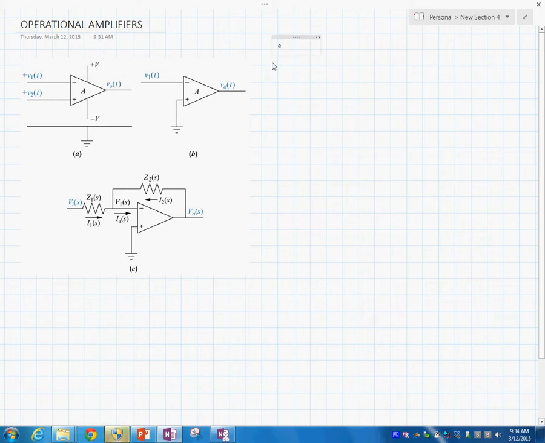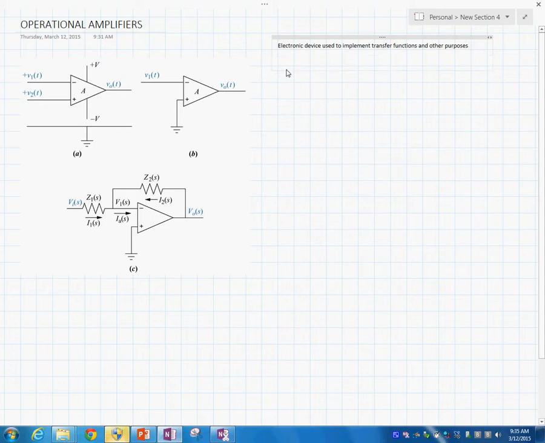We're going to call it an electronic device used to implement transfer functions and other purposes.